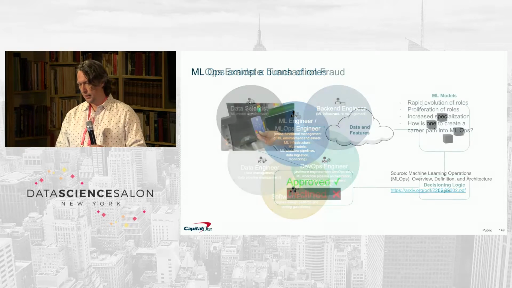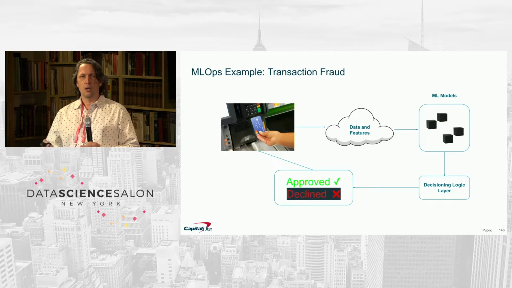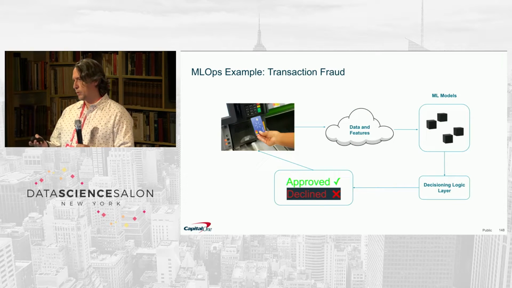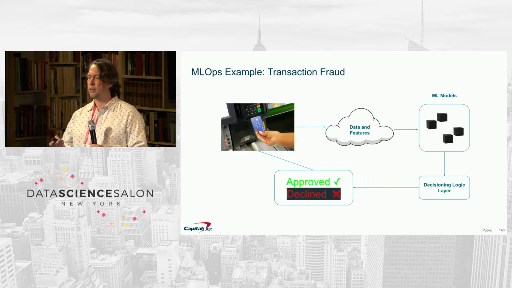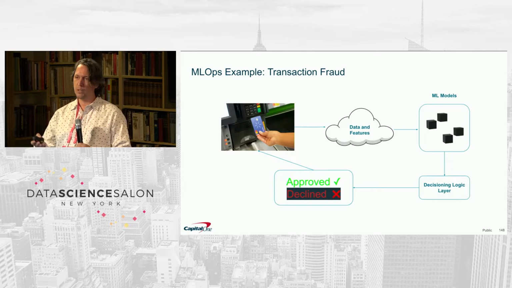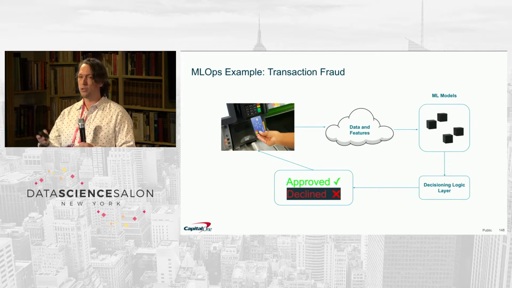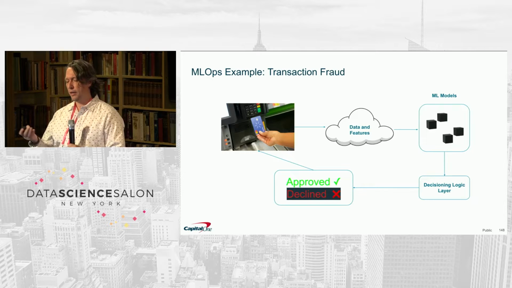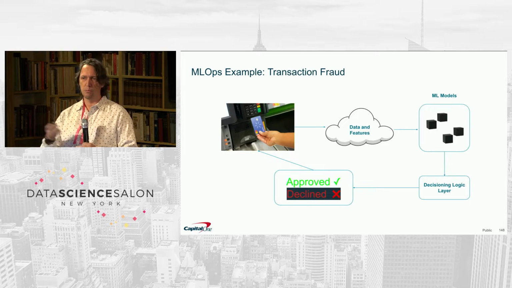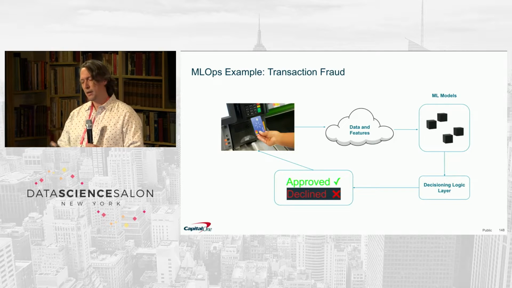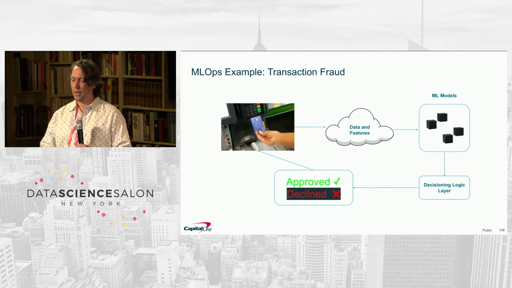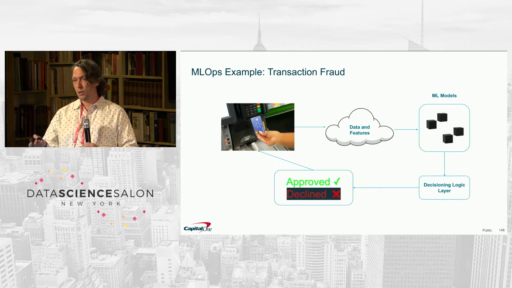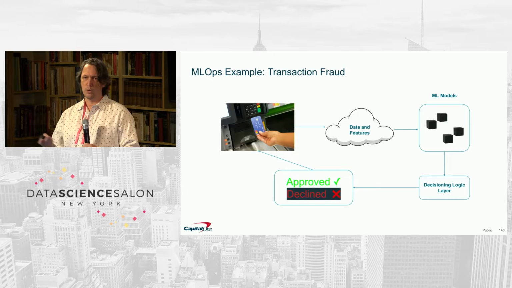So if you think of this in the context of Capital One, I'll give you an example of what MLOps actually looks like in terms of not just creating a model, but then also creating a capability to run that type of model in production, right? A typical case at Capital One, and we'll have hundreds of different models doing all sorts of different things, but this is a typical one where you basically have a credit card transaction and you want to detect whether that's fraudulent.